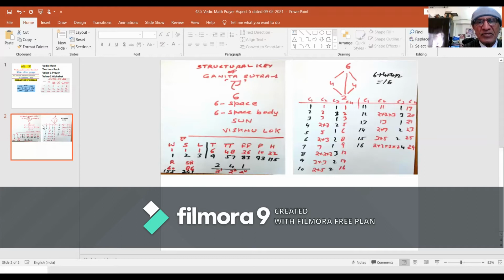With it, the structural key gets a value. Value 6 becomes the structural key. It is in terms of value 6 that we can enter the mathematical domain of Sutra-1. This value is structural key of Ganita Sutra-1, and also the same is to provide us the organization of the text itself.